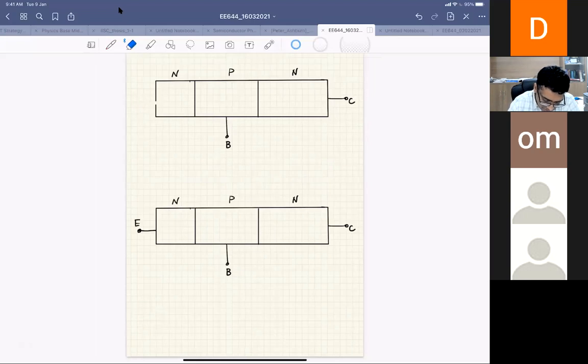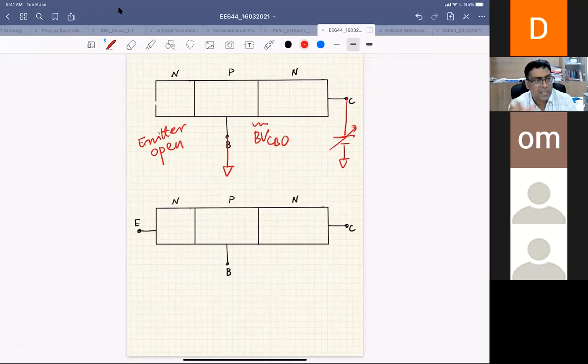I'll put my base to 0 and go on increasing the collector voltage. At some point, this will break, right? This is BVCBO because your emitter is open. So BVCBO is nothing but the breakdown voltage of the collector base junction. Please tell me if this collector base junction is reverse biased.